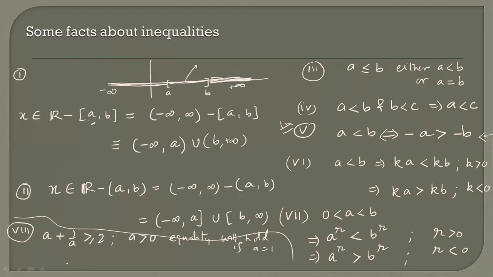And another result is a plus 1 upon a less than or equal to -2 if a is negative, and equality will hold if a equal to -1. So these are some facts about inequalities which I am going to use in further cases.